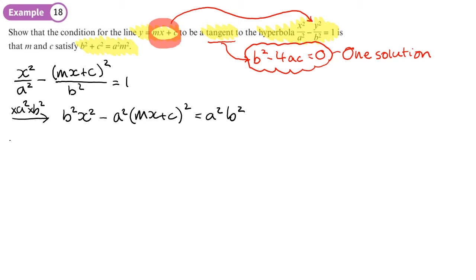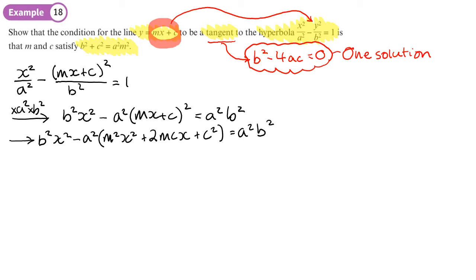Then we'll expand the bracket, so we'll have b squared x squared minus a squared, and then in brackets we'll have m squared x squared plus 2mcx plus c squared equals a squared b squared. Now I want to multiply this all out because I need to find the coefficients of the x squared and the x and a number. So I've got my a, b and c for the discriminant.